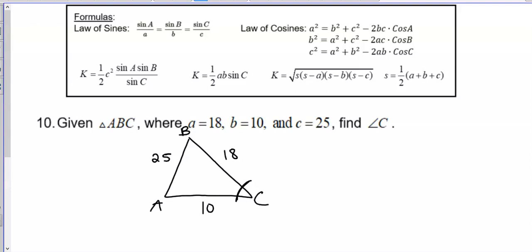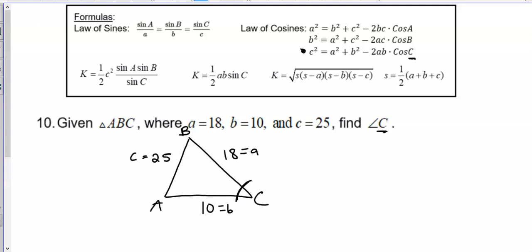So then what you're going to want to do is find the one that has cosine of C in it, the one that has a big C in it. So it's going to be this third one. And you're just going to substitute everything in. So I'm going to label these for myself once again, makes it a little easier.